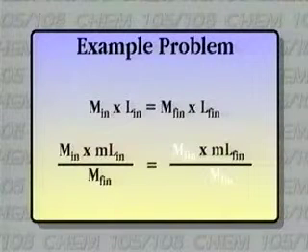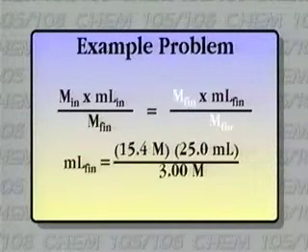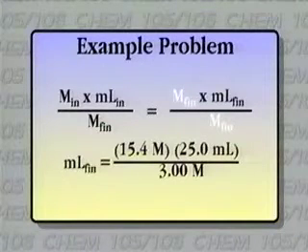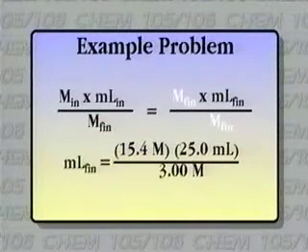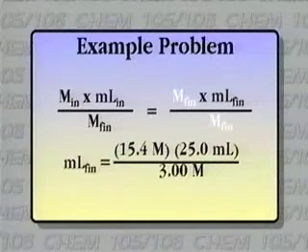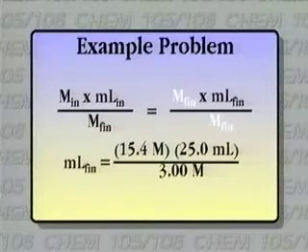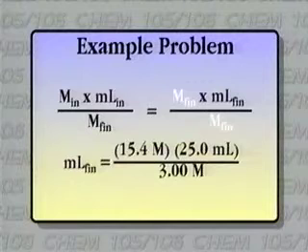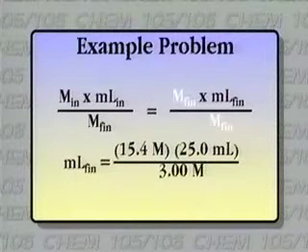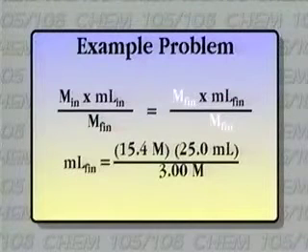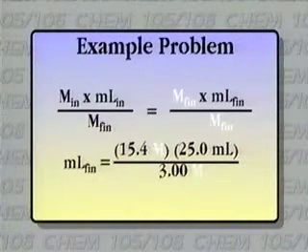Milliliters final is equal to the initial molarity, 15.4 molar, times the initial milliliters, 25.0 milliliters, all divided by the final molarity, 3.00 capital M. Make sure our units check, and they do in this case.